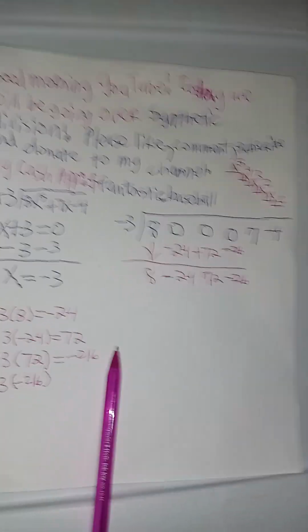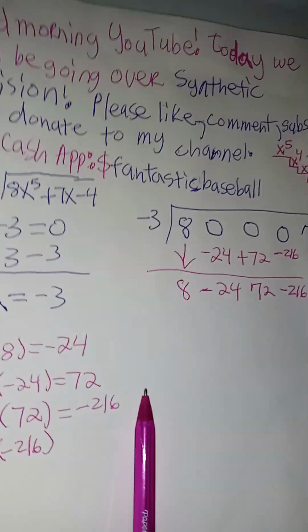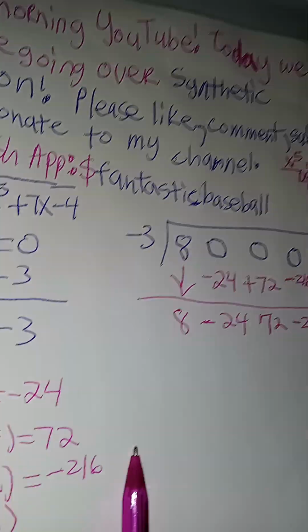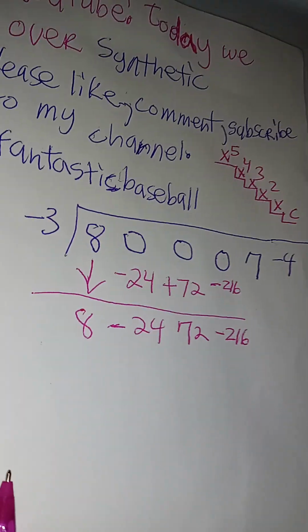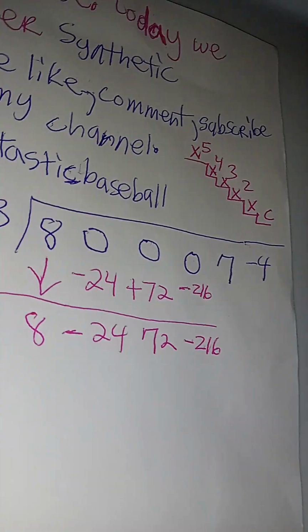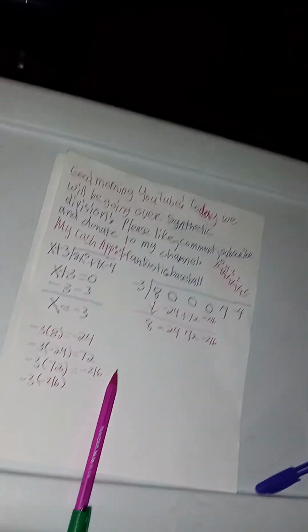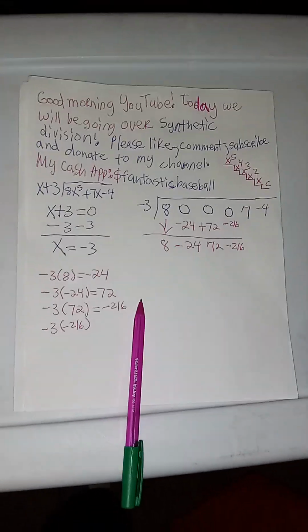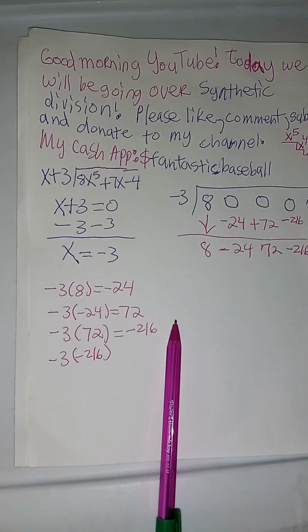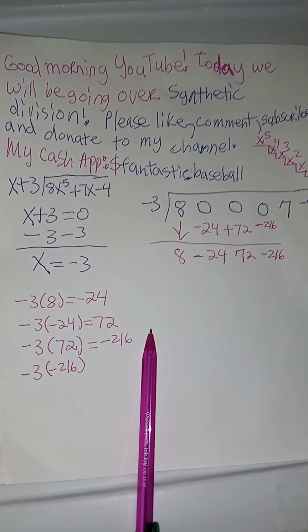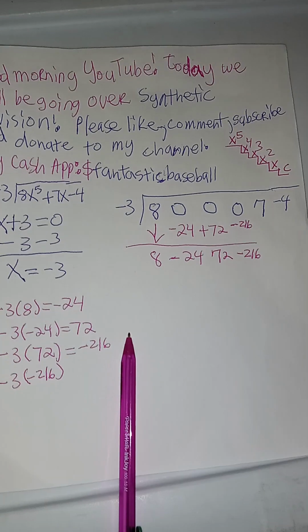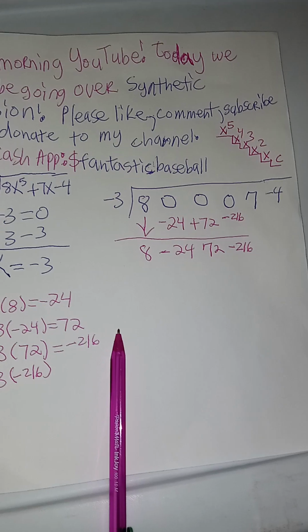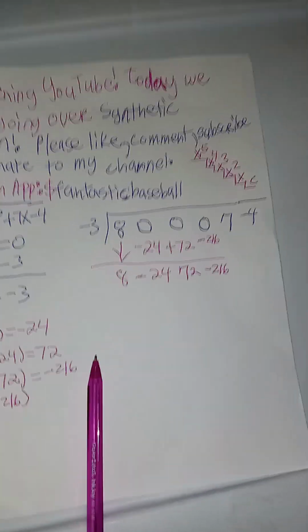We need to calculate -3 times -216. And what will that give us? Grab a calculator if you need one. So -3 times -216, and that is 648.